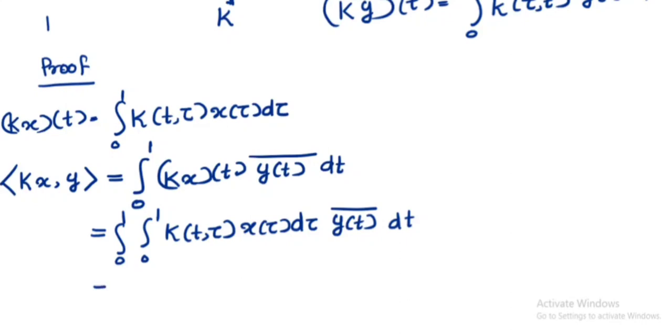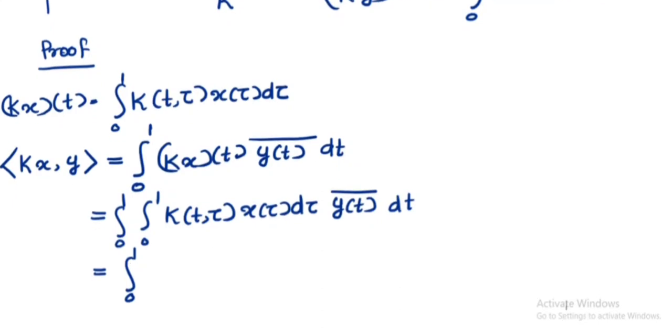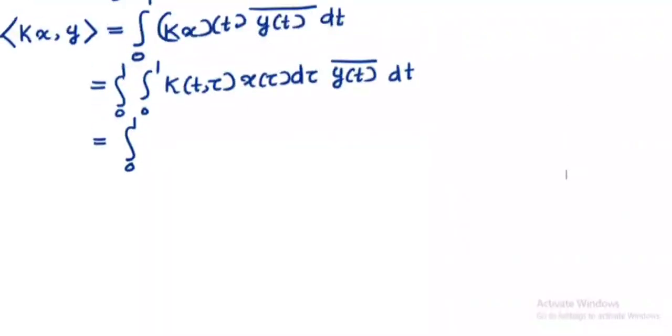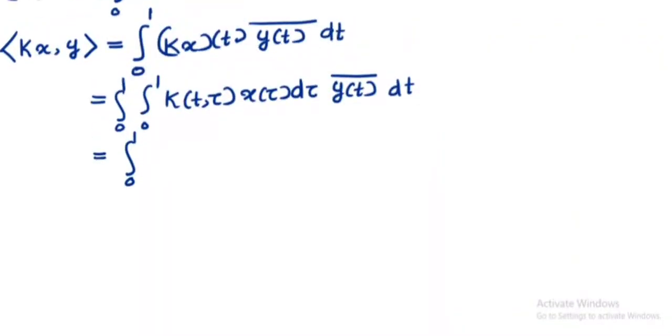and this is equal to the integral from 0 to 1. Here I am replacing this as dt d tau.